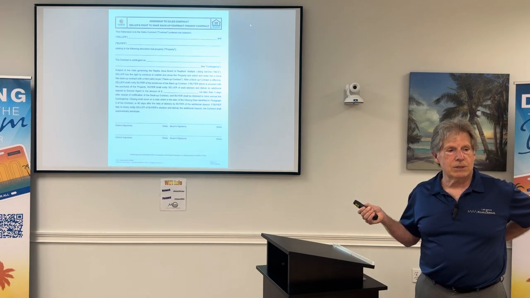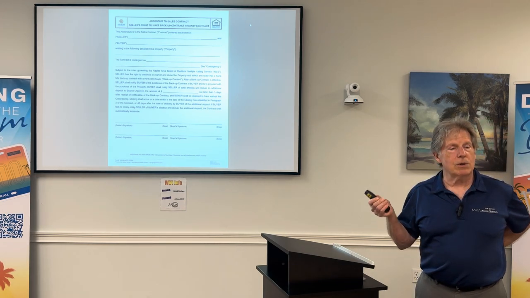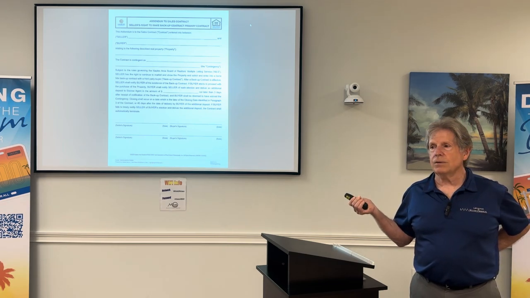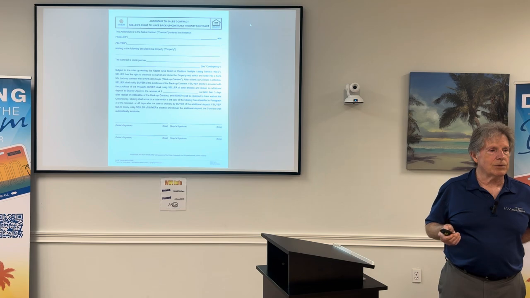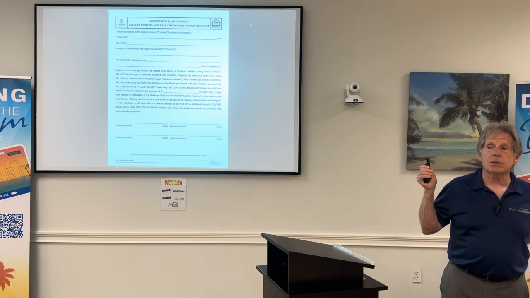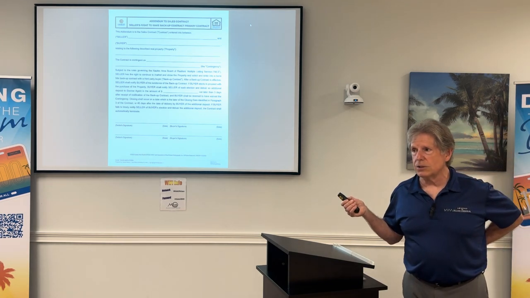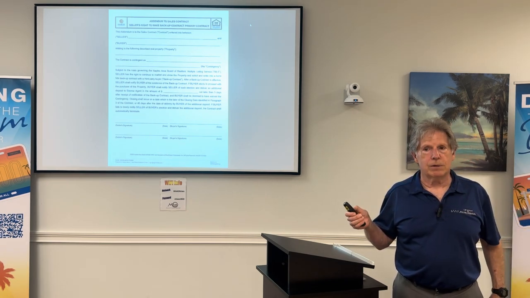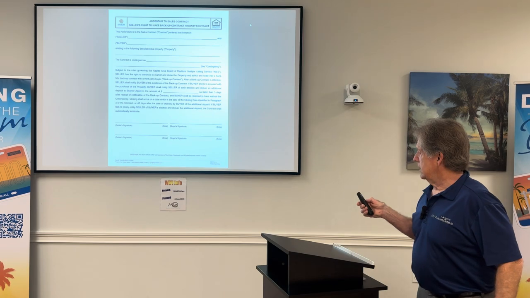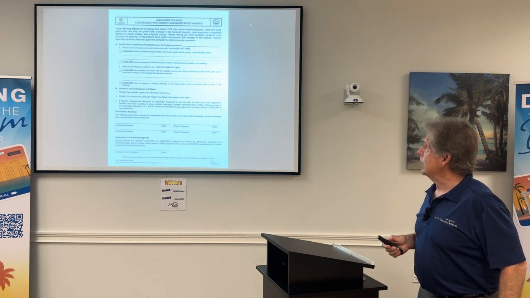So whatever that contingency is, the buyer is waiving it. If you've got a financing contingency, whatever else you've got, this turns the primary contract into an uncontingent contract because the seller has obtained a backup contract. Everybody familiar with that? Okay.